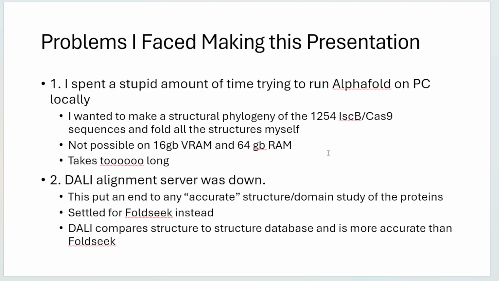DALI alignment allows for structure-to-structure database comparison and is significantly more sensitive than Foldseek. Foldseek is like, whatever, man, skim every database and somewhat compare your protein to the other proteins. I'll show you just what I mean by more accurate.